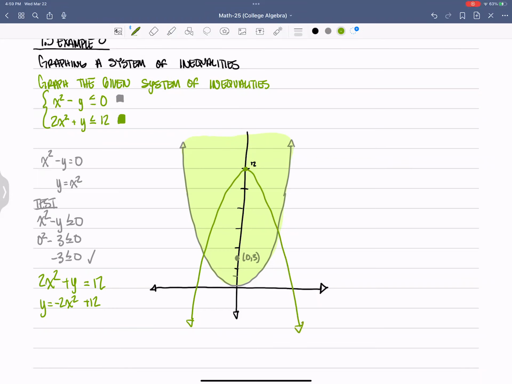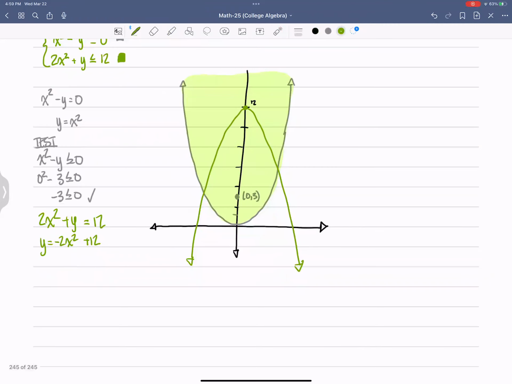This time, the point 0, 0 is not on the graph itself, so we could use it. One more important thing that I didn't even check beforehand is, do we have solid or dashed? So we have solid because it's less than or equal to, just like we would have a solid circle for less than or equal to.